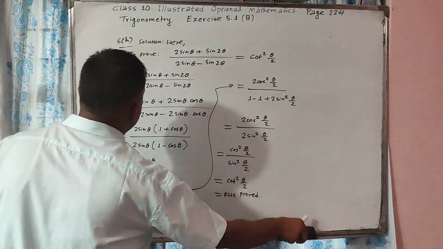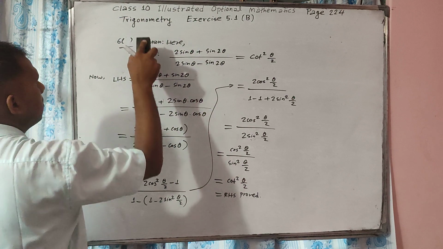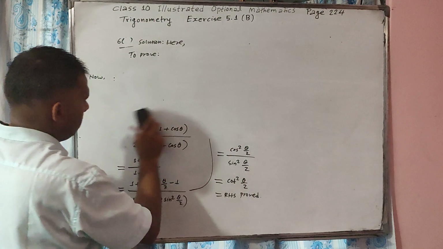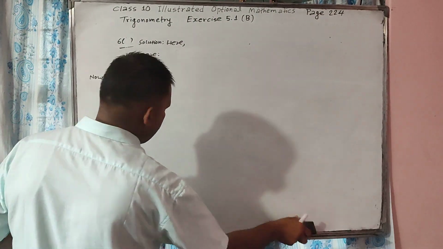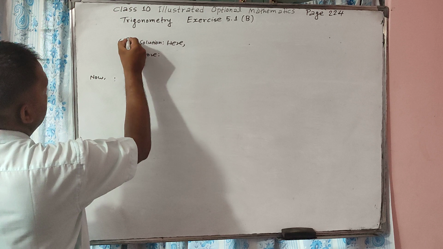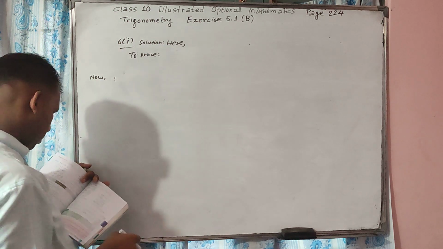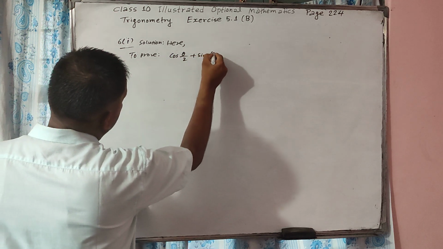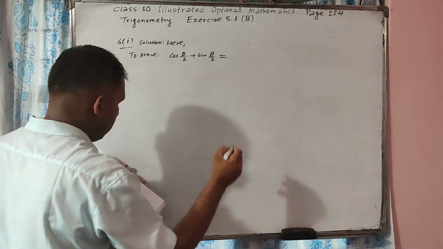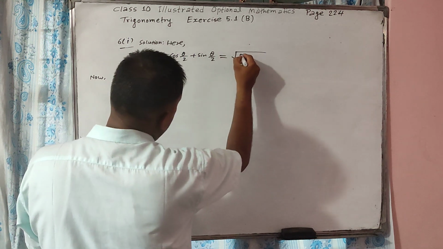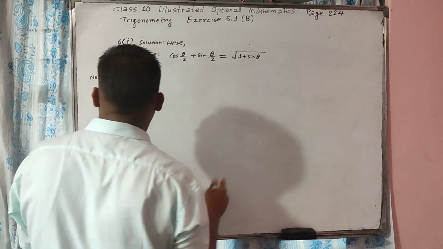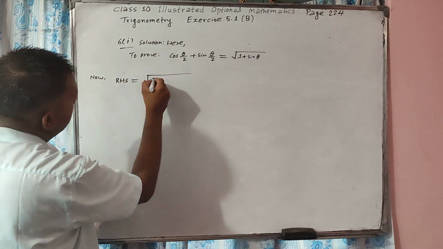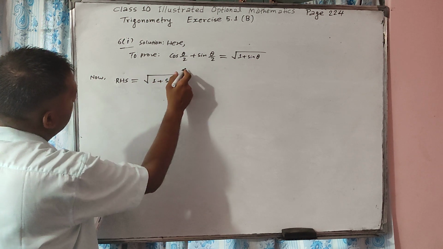Next question 6i. We have to prove cos theta by 2 plus sin theta by 2 equal to square root of 1 plus sin theta. Now RHS equal to square root of 1 plus sin theta.